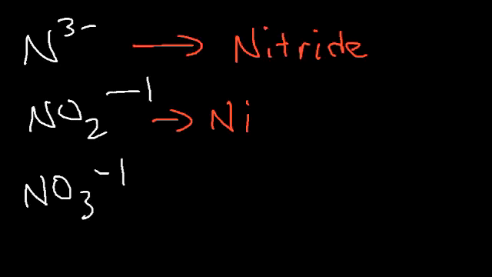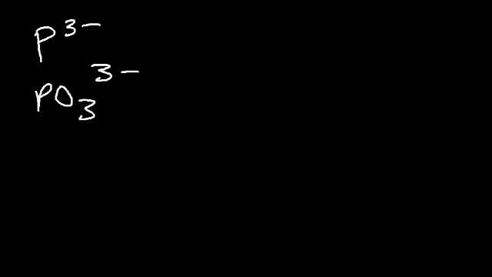So what about these three? What do you think the names for these ions are? So P3- is phosphide. PO3 is known as phosphite.